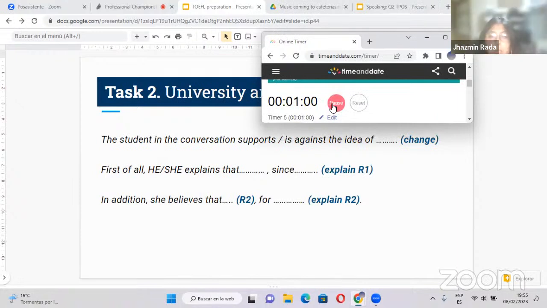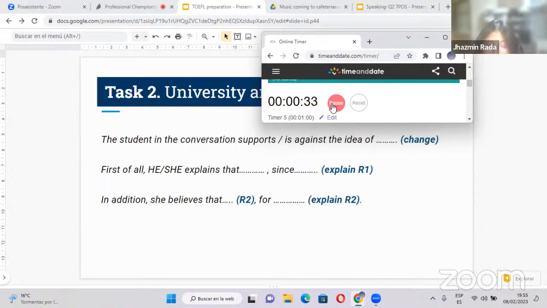The student in the conversation is against the idea of the proposal. First of all, he explains that it will be a bad idea because of the long-term consequences of running on a hard surface.